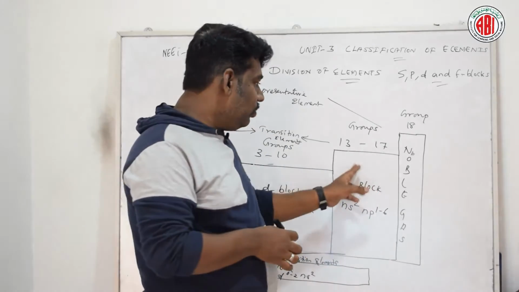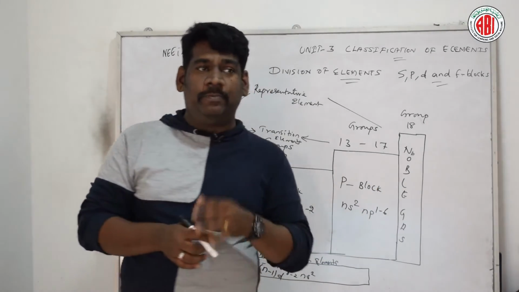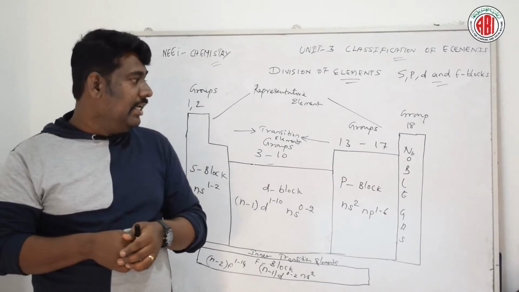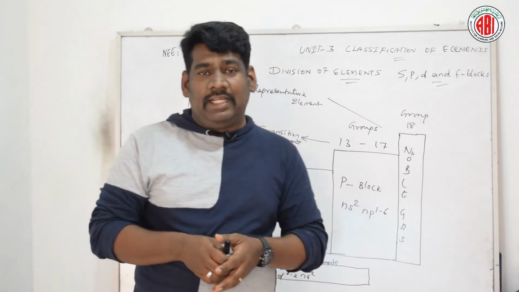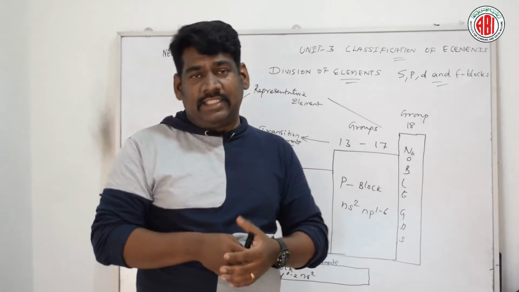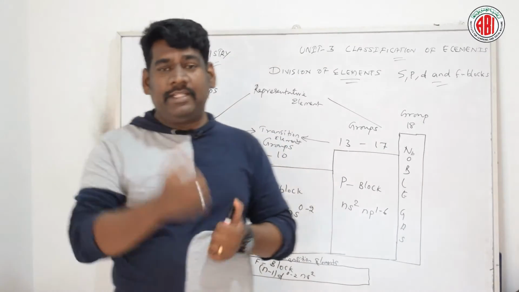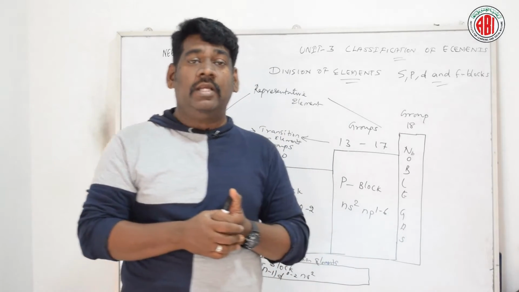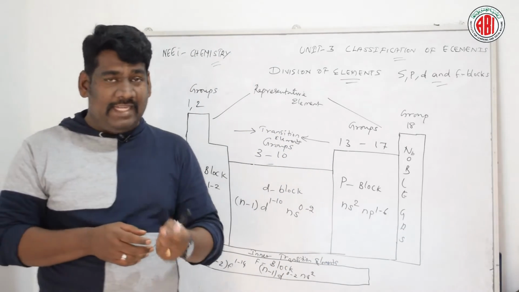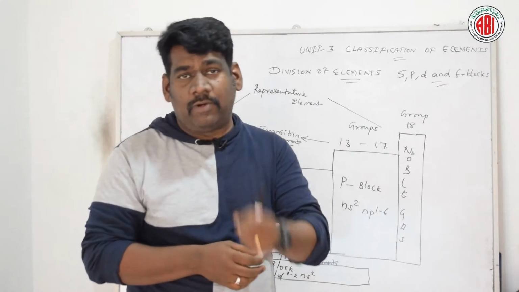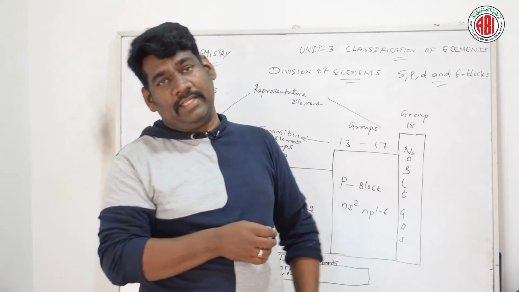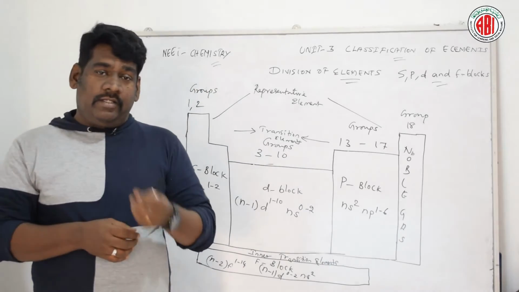So these two groups, 16 and 17, are highly reactive elements, and they can accept one or more electrons based on the valency, that is monovalent or univalent, bivalent or trivalent.